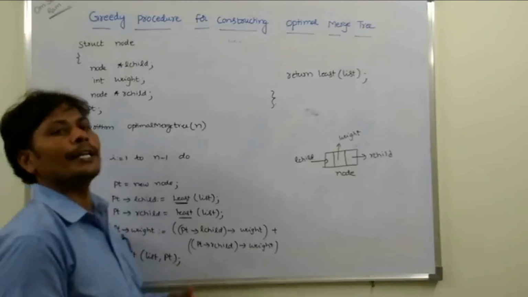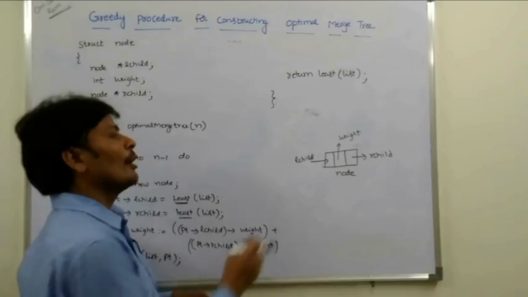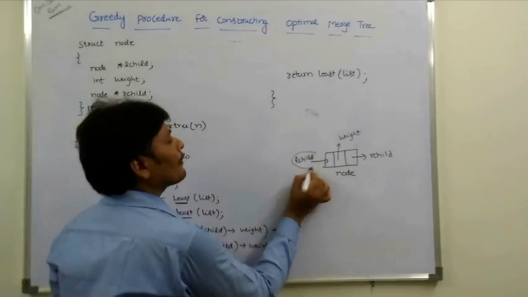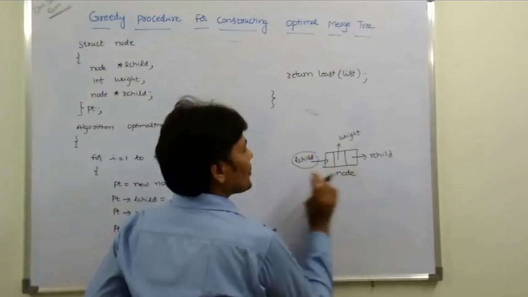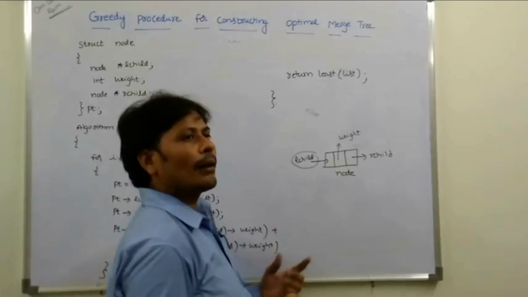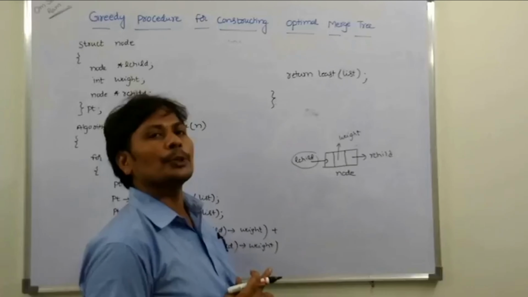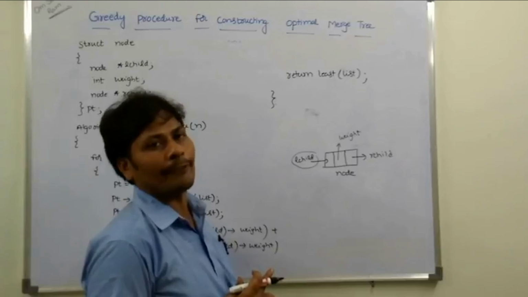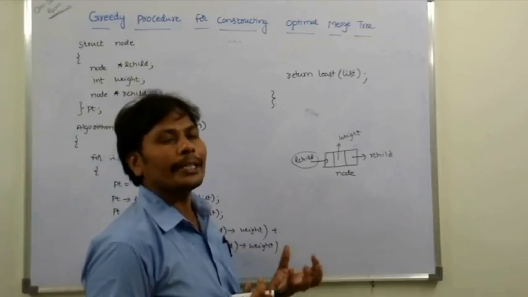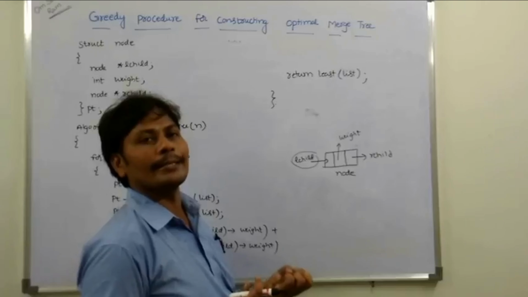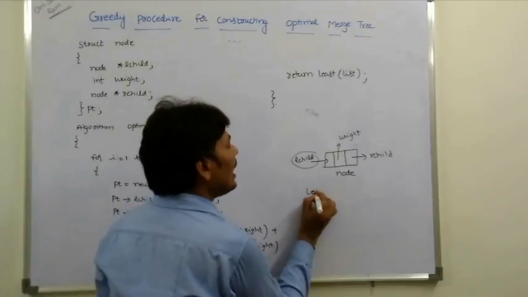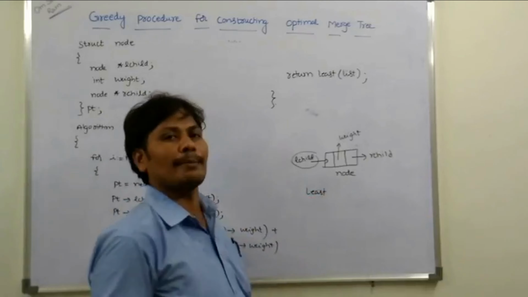Now how to find out the pt arrow weight? Once we find the left child and right child, in this algorithm we have to identify the two smallest sized files. So to identify the two smallest sized files, we are using the list function two times.